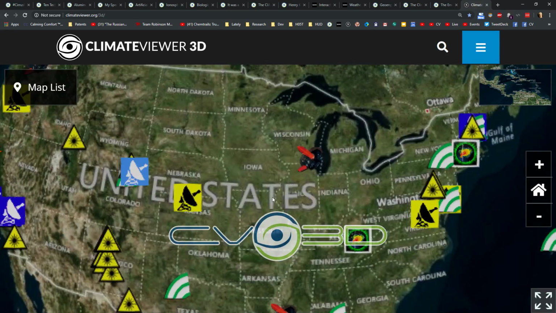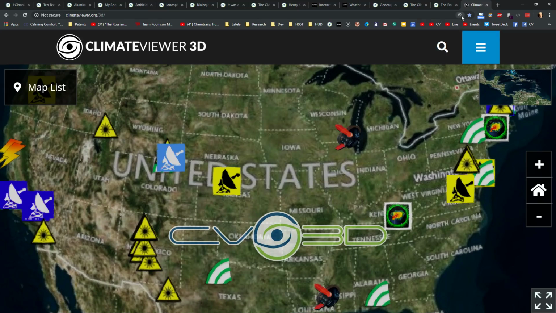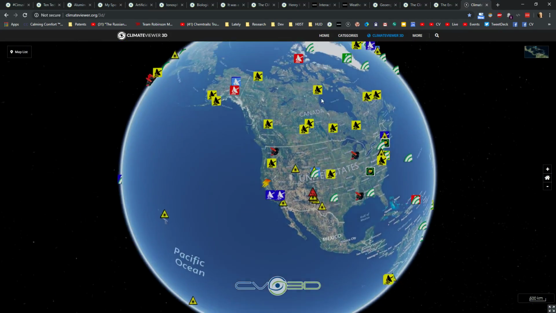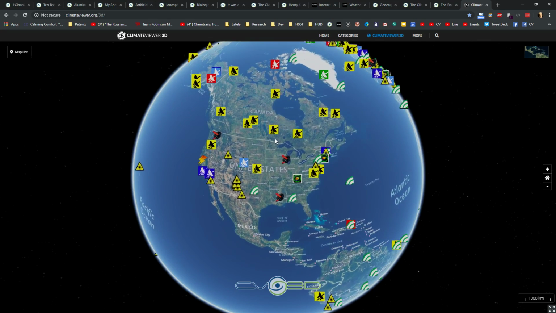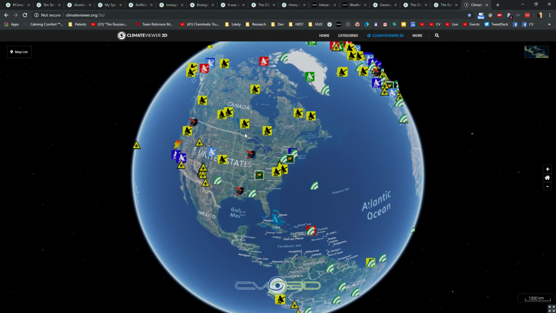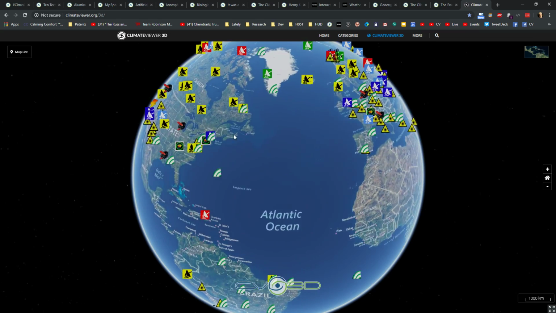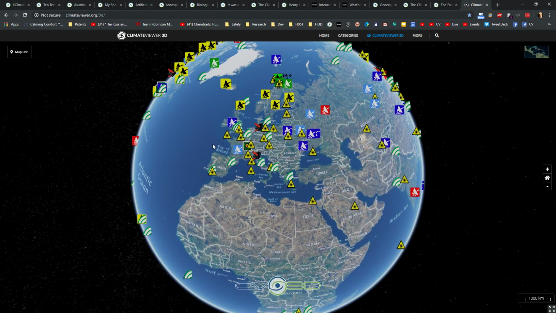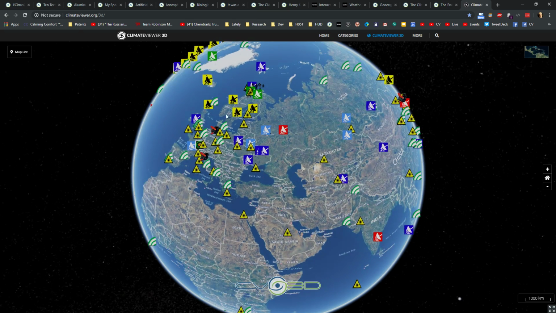So this, let me reset mode, zoom. These are all of the facilities worldwide that are studying the ionosphere. And in order to study the ionosphere and/or modify it, you're going to have to use chemicals. And these are chemtrails in space.